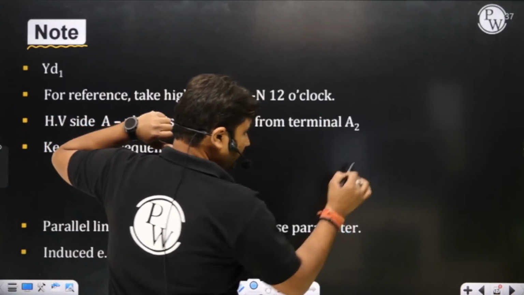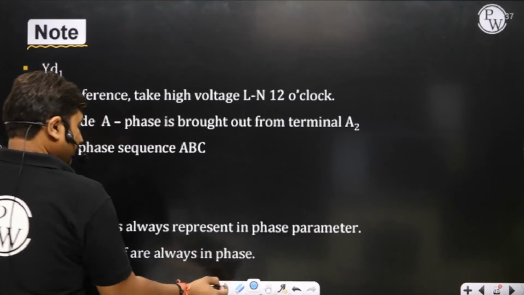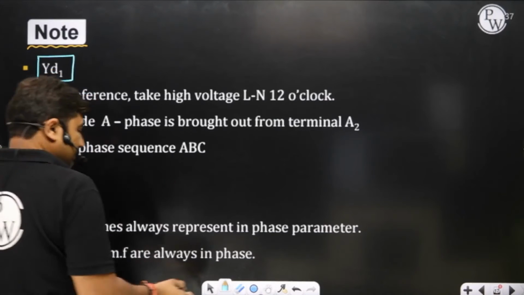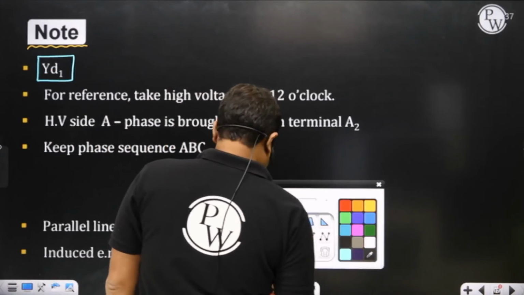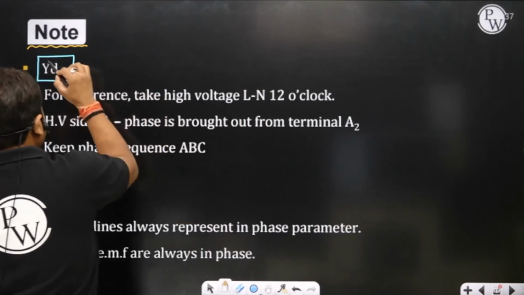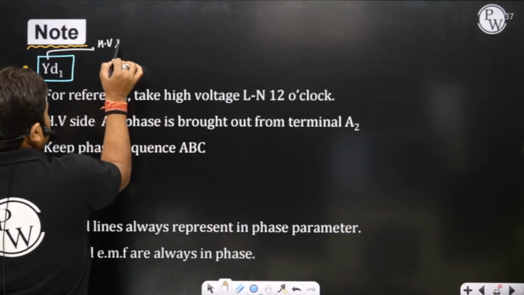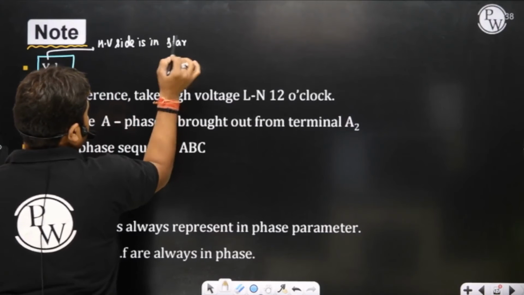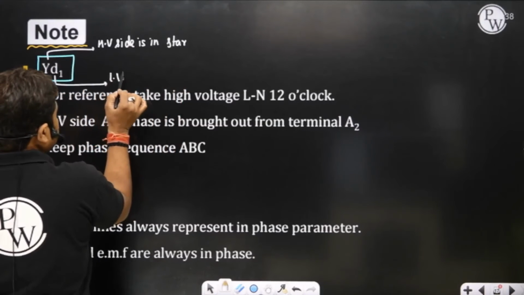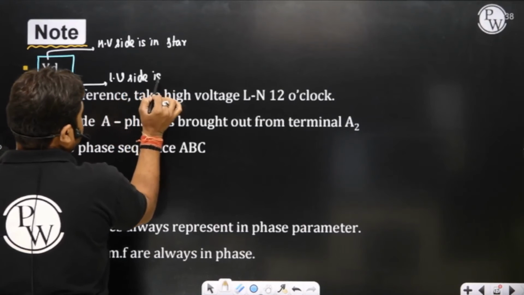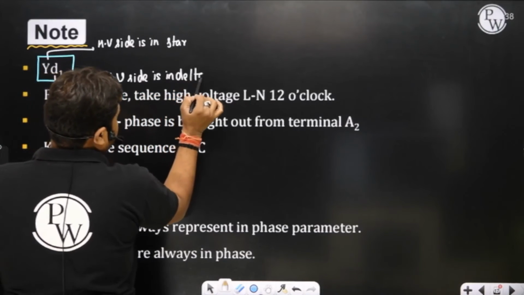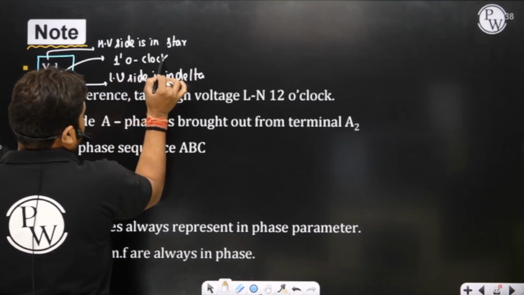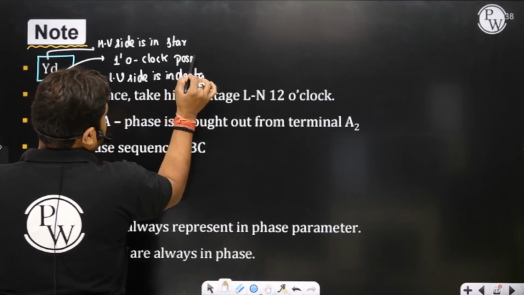Suppose we have a symbol star delta 1. What does this star delta 1 denote? Star delta 1 denotes HV side is in star, LV side is in delta, and 1 o'clock position.